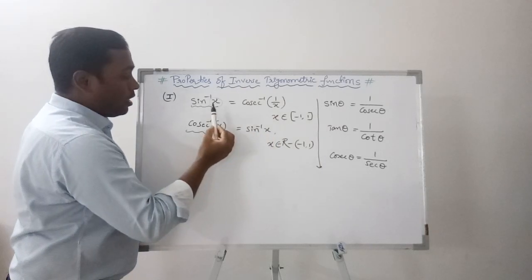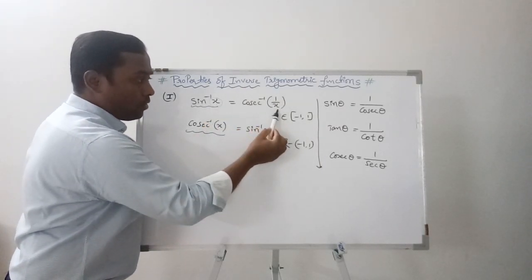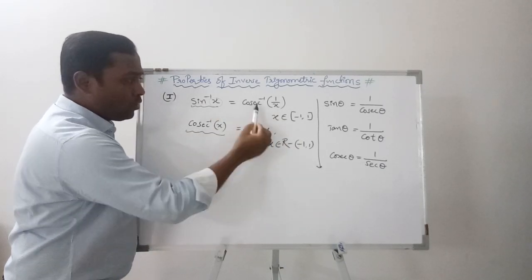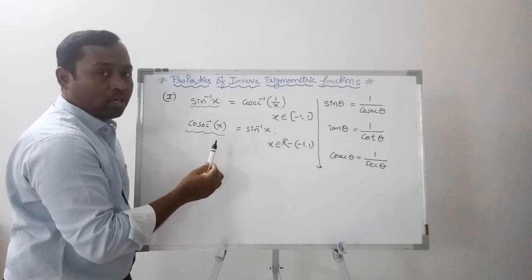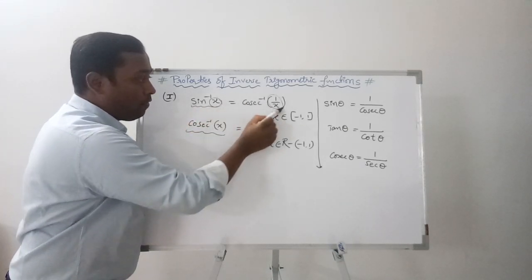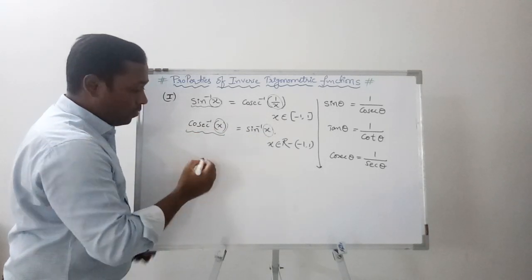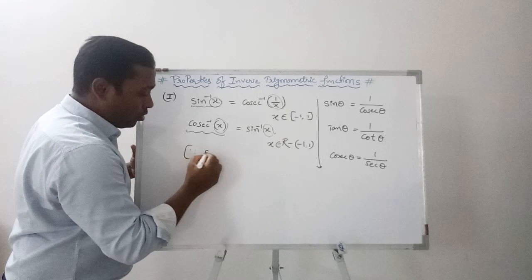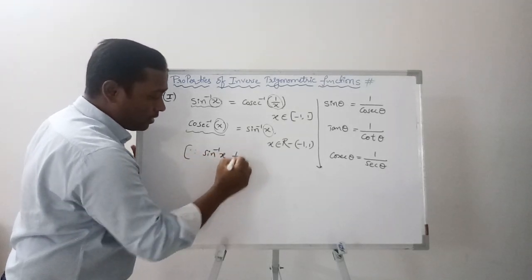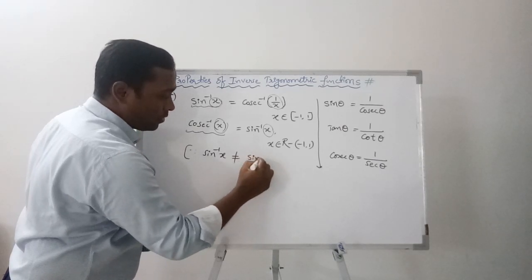Now see here, sine inverse x can be written as cosec inverse 1 by x, and cosec inverse x can be written as sine inverse 1 by x. While writing these formulas, have you observed one common thing? We are reciprocating the value of x only, not the entire expression. So sine inverse x does not mean sine x whole inverse, remember.